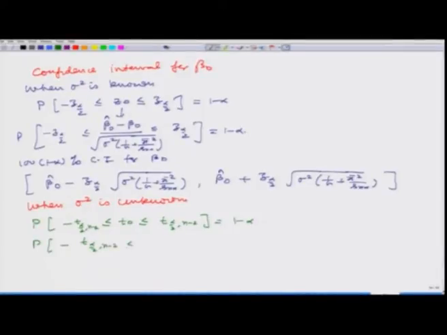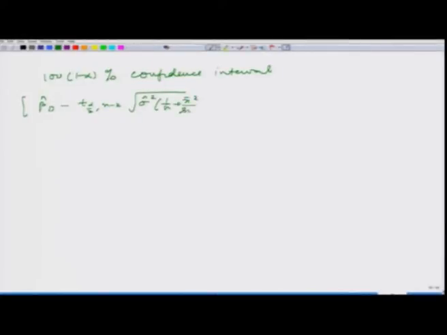After substituting the value of T naught, which is beta hat naught minus beta naught over the square root of sigma square hat times 1 over n plus x bar square over Sxx, we can obtain the 100(1 minus alpha) percent confidence interval for beta naught as beta hat naught minus T alpha by 2, n minus 2 times the square root of sigma square hat times 1 over n plus x bar square over Sxx, to beta hat naught plus T alpha by 2, n minus 2 times the square root of sigma square hat times 1 over n plus x bar square over Sxx.